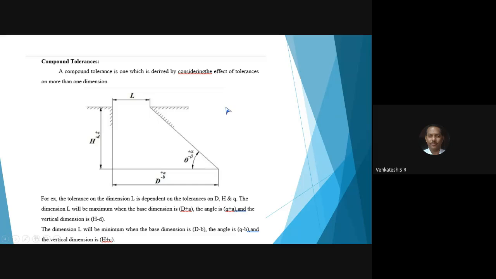All of you, observe here. The height h, upper limit is plus c, lower limit is minus d, and the width or length, upper limit plus a, lower limit minus b, and the angle, upper limit angle plus alpha, lower limit angle minus beta.